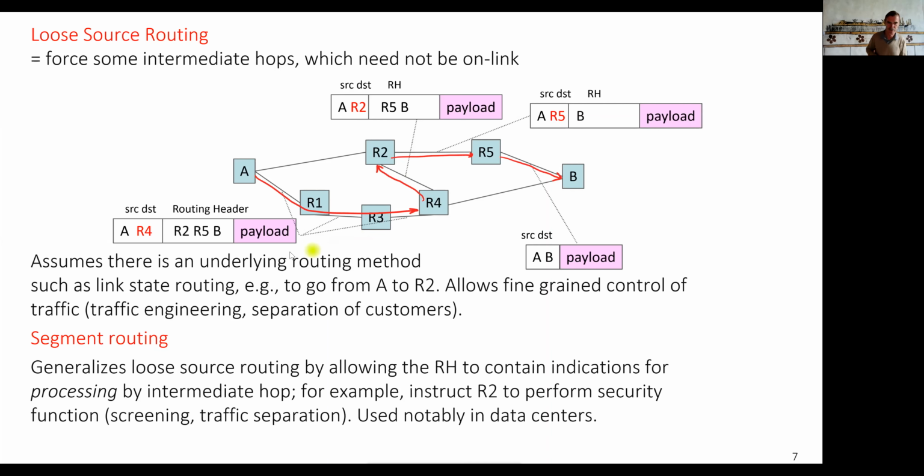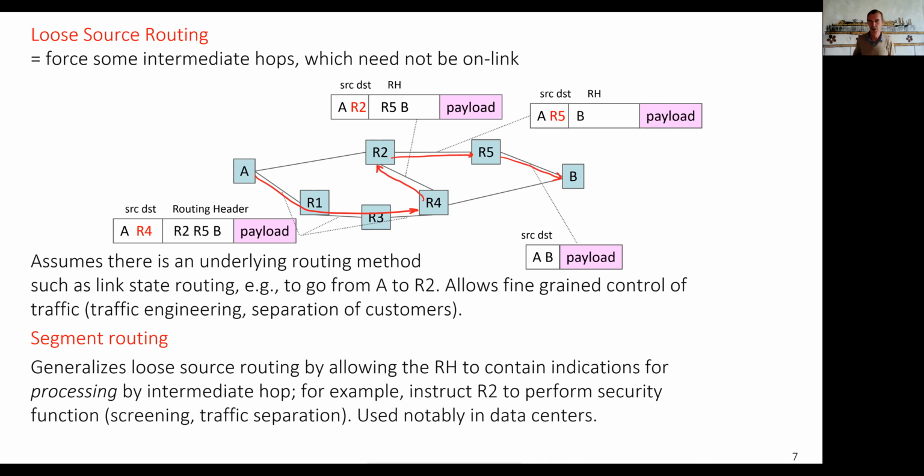This is used for traffic engineering, for separating flows, also sometimes for separation of customers, or also, as we will discuss, perhaps you want to force all packets to go via R2, because at R2, you will do some security functions, for example, filter all the traffic, and you want to make sure all traffic goes, sorry, not R2, but perhaps R4 is the node that does this security measure, so you don't want to bypass R4, for example.